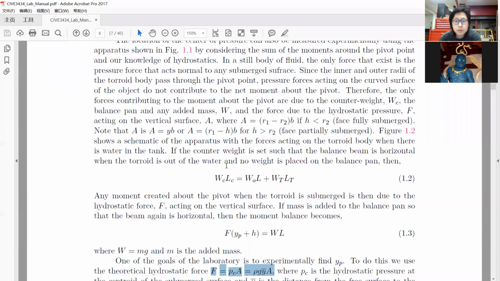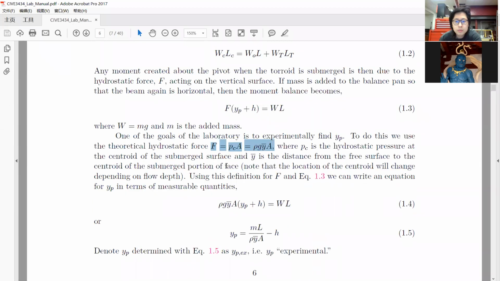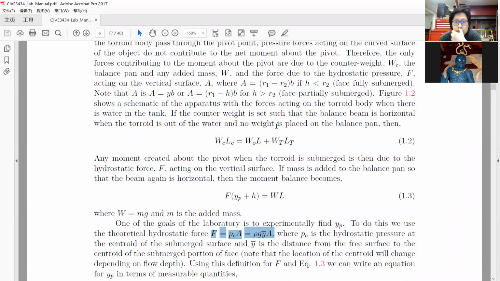The theoretical force is in here, and the experimental force can be calculated.